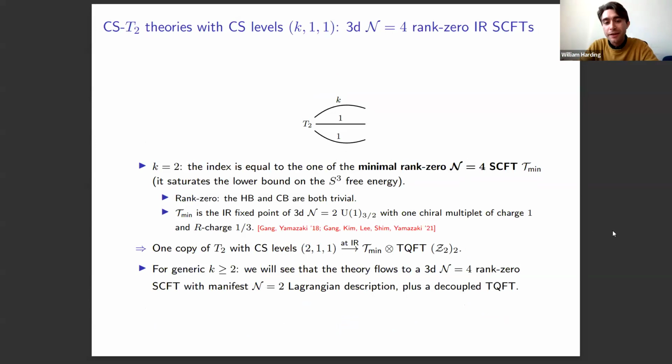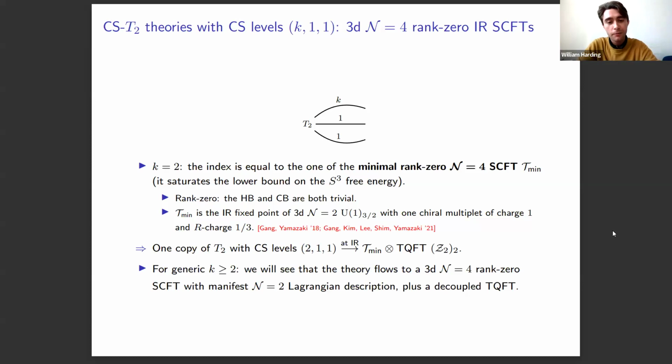So let us study in more detail what these 3D N equal to 4 infrared SCFTs predicted by the index computation are. Let us still consider Chern-Simons-Trinion K11. For K equal to 2, the index turns out to be equal to the one of the minimal rank 0 N equal to 4 SCFT, where the name minimal comes from the fact that it saturates the lower bound on the S3 free energy.